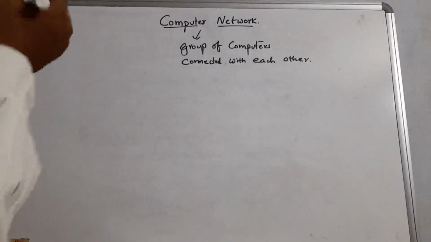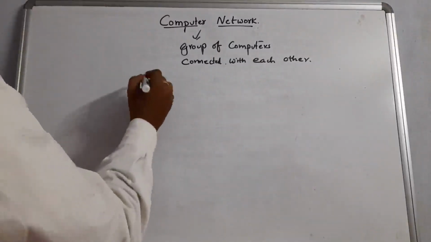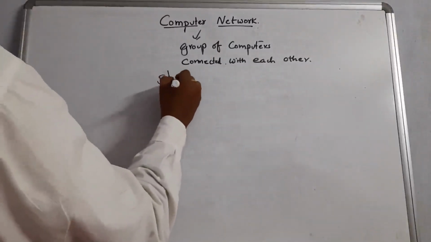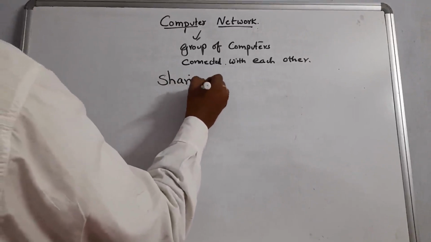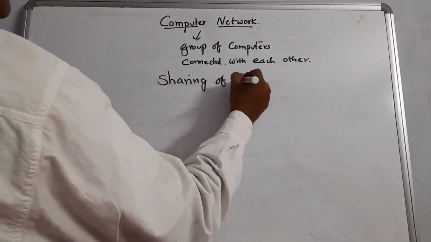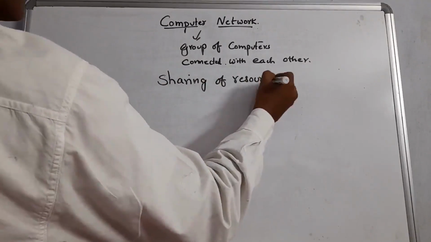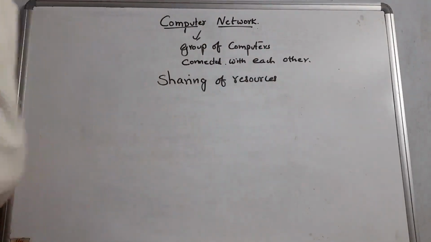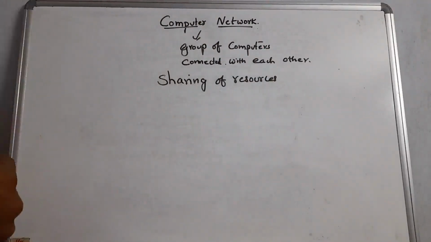The main aim is the sharing of resources among the various devices. In computer network technology, there are several types of networks that vary from simple to complex levels.